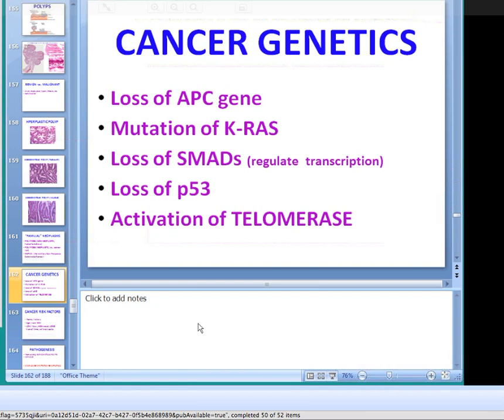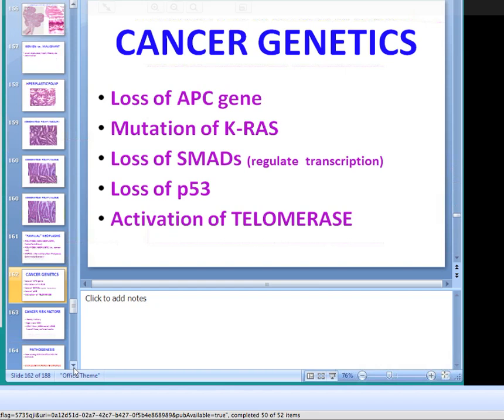If you have a mutation of your KRAS, not only colon, but other cancers. There are certain transcription genes called SMADs. If you have a loss of them, you're at risk for cancer. Of course, the big thing, not only with colon, but probably most human neoplasms, is a mutation in the P53 gene, which puts you at risk.